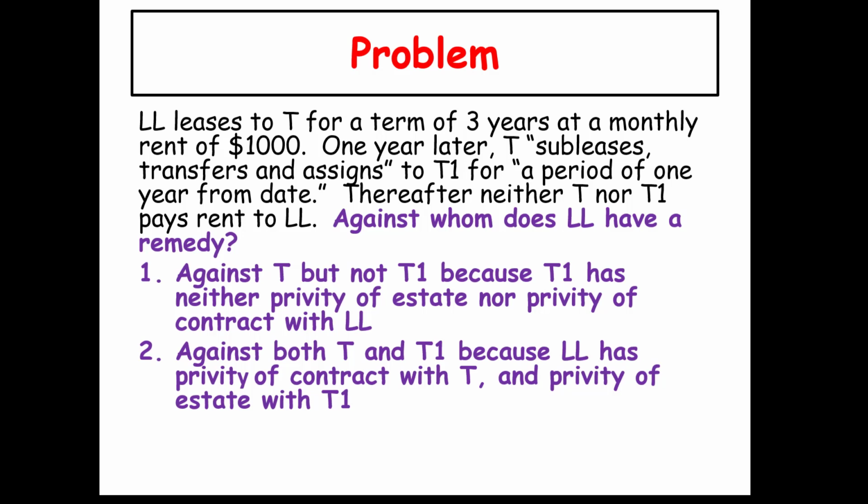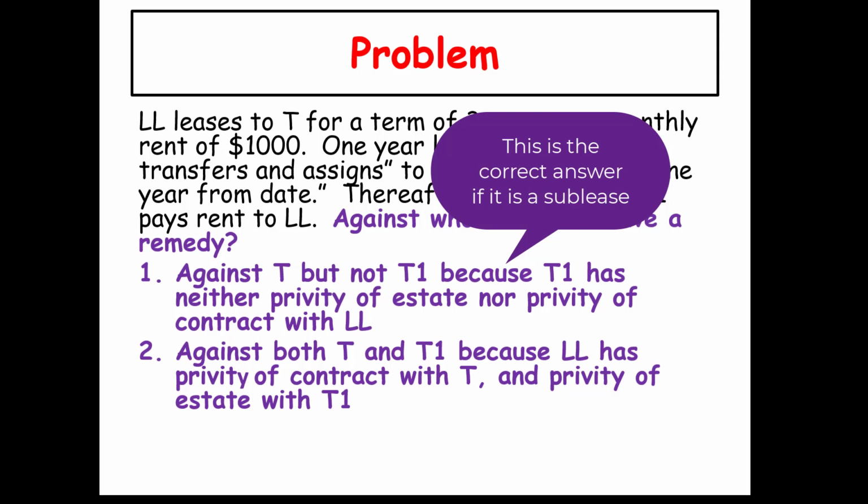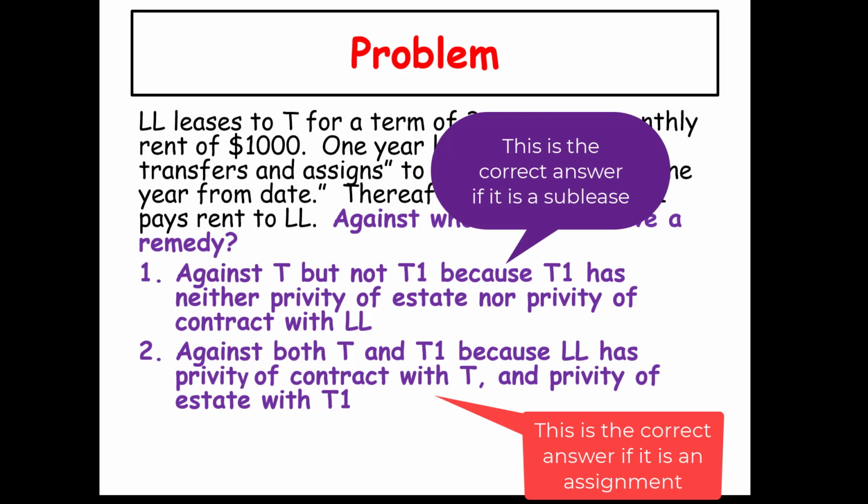So basically, to answer this question, what you have to decide is, is this a sublease or an assignment? And remember, the two tools that we have are to look at it as a conveyance and see what the tenant conveyed to the new tenant, and use that to determine whether it was a transfer of the tenant's entire interest to a new tenant, or was the tenant carving out a smaller piece of the leasehold and transferring that? If so, it's a sublease. If, on the other hand, the tenant has conveyed everything that the tenant holds in that leasehold estate, that is an assignment.